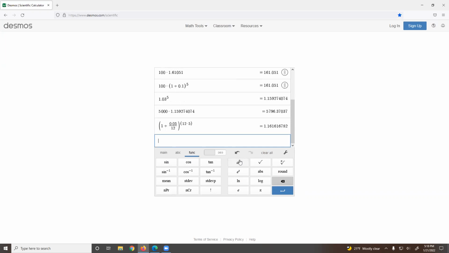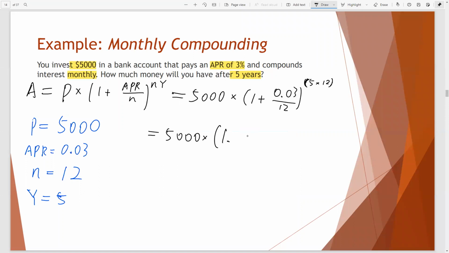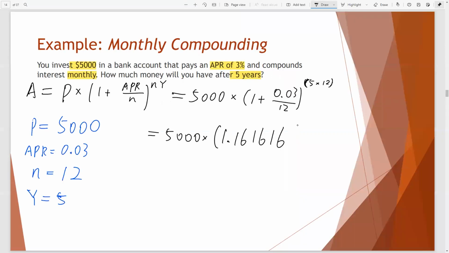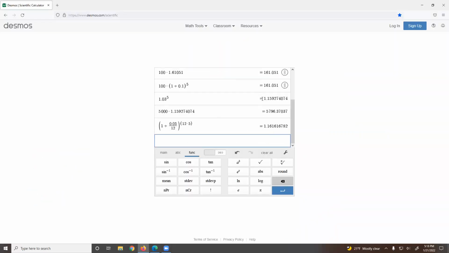That's 1.161616782. Before we had 1.159; now compounding more than once, we get 1.16 for 5 years, so that's a little bit more.